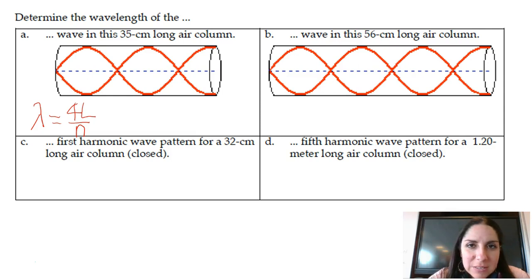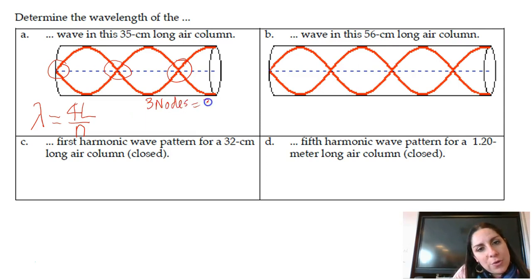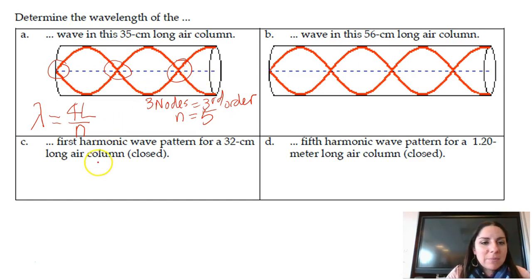So one node is the first order, 2 nodes is the second order, etc. So notice if I count nodes, 1, 2, 3, 3 nodes equals third order, which means n is going to be 1, 3, 5. It's 5 because we're going in orders of odd numbers, and the third one is 5: 1, 3, 5. So that's a little different according to the diagram that we have up here.